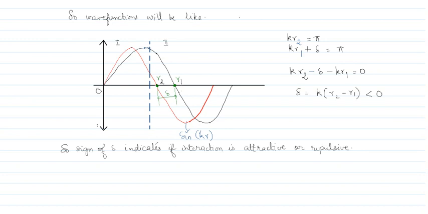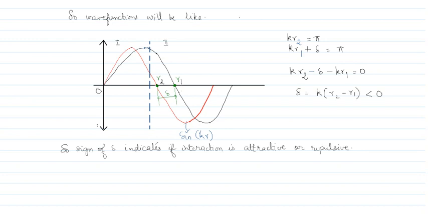But then it will enter region 2, and in region 2 there is again no potential, and the curve has the same periodicity as sine kr, but it is sine(kr plus delta).